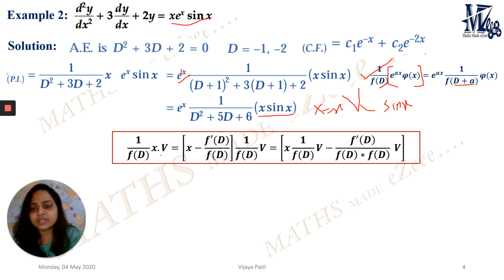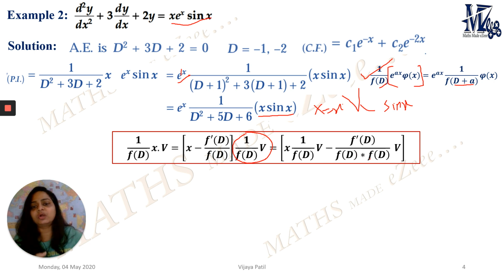So it's 1 upon f of D x v, which we have seen in the last slide, is x minus f dash of D upon f of D into 1 upon f of D v. But now this 1 upon f of D into v is getting multiplied inside with x and with this term. So it is nothing but x into 1 upon f of D v minus f dash of D upon f of D into f of D into v.